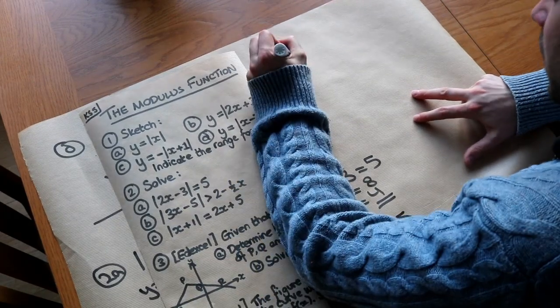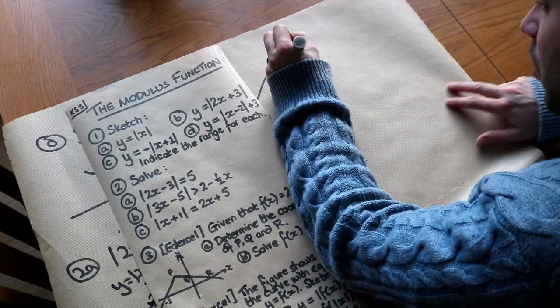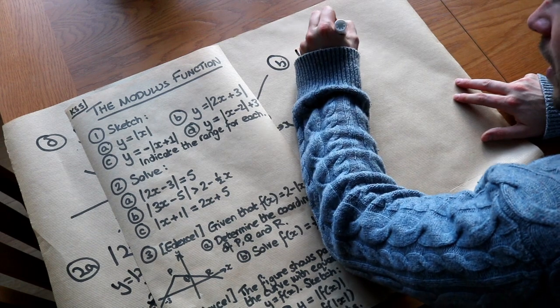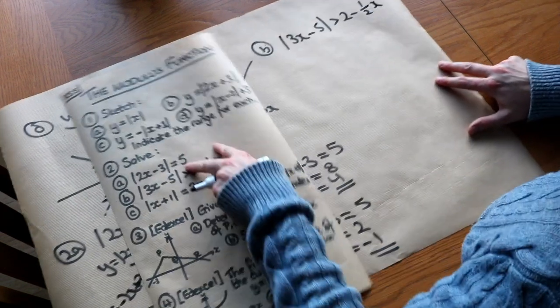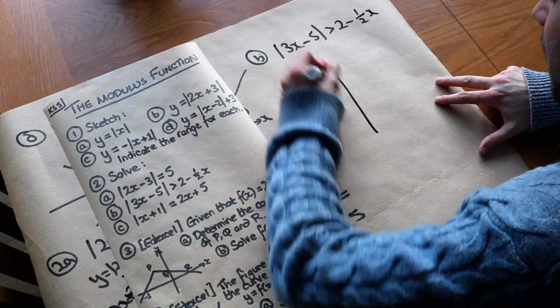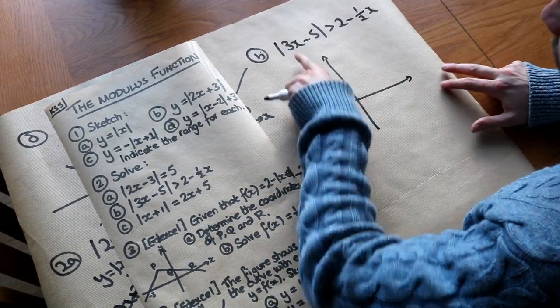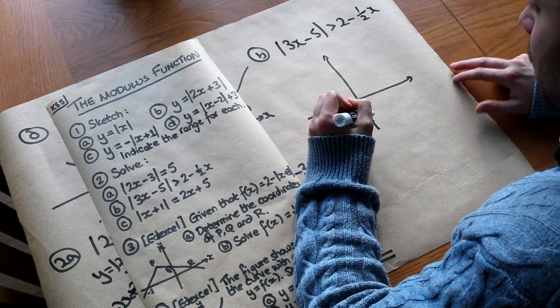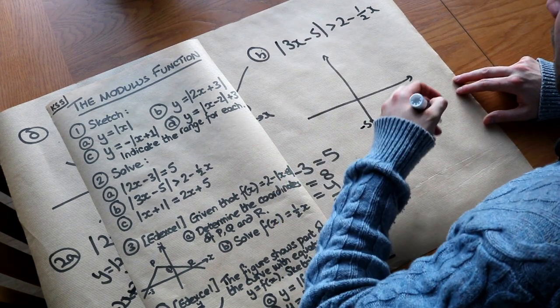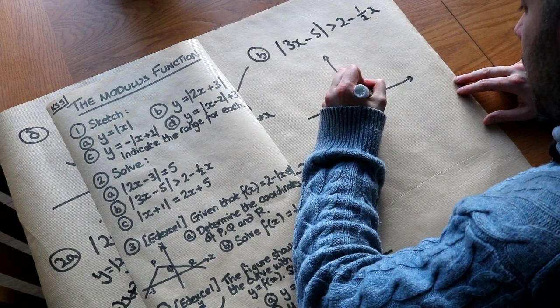What about the second one? We've got the modulus of 3x minus 5 is greater than 2 minus half x. So let's sketch both of them again. We sketch y equals 3x minus 5, y-intercept of minus 5, and then the x-intercept will just be 5 over 3.